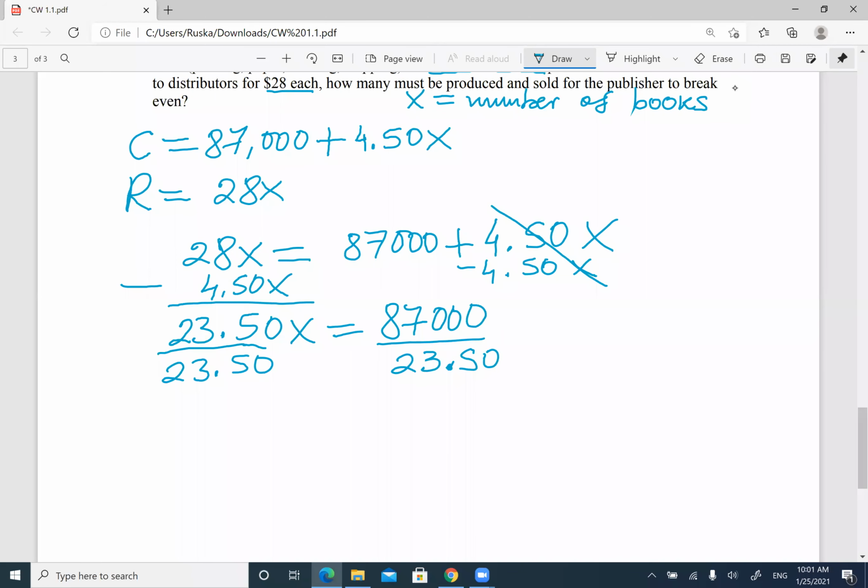You can put the 0, it doesn't matter. So dividing 87,000 by 23.50, and I get x equals 3,702.127666, repeating. I'm just going to stop here.